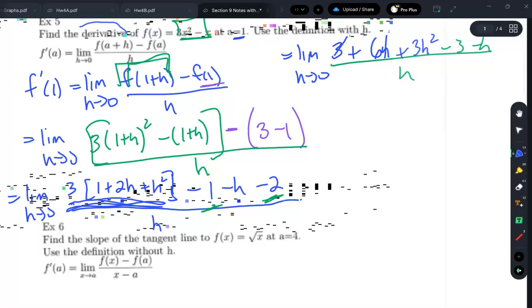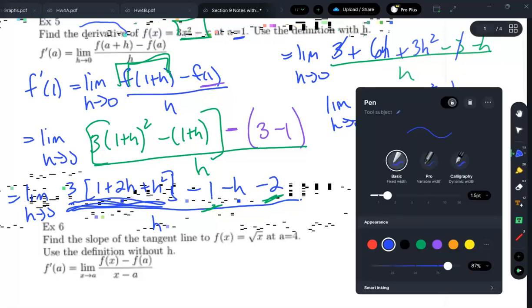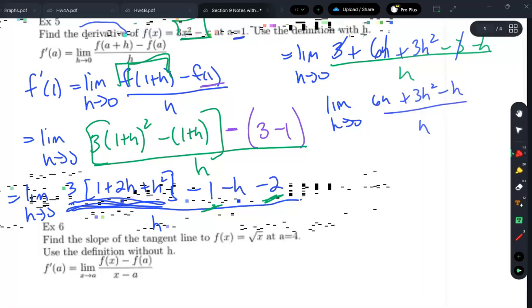All right, let's see what I've got going on up here. So I see the 3's go away. If I take the limit as h goes to 0, I get 6h plus 3h squared minus h over h. And this is where you have to be really careful you don't do bad math. Bad math would be to cancel those two. You have to factor the h out of the numerator.